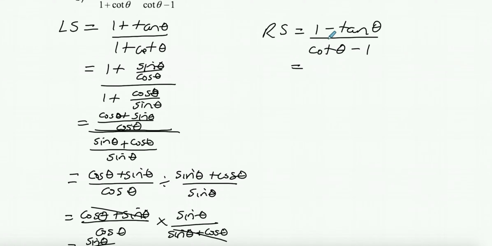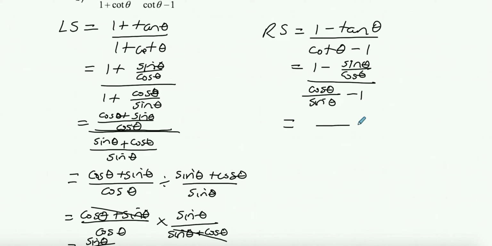So I think my strategy would be the same. I would like tan theta to be written as sine theta over cos theta. And cotangent could be cosine over sine. I get my common denominators.